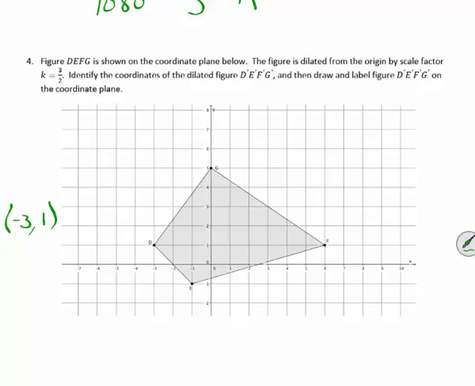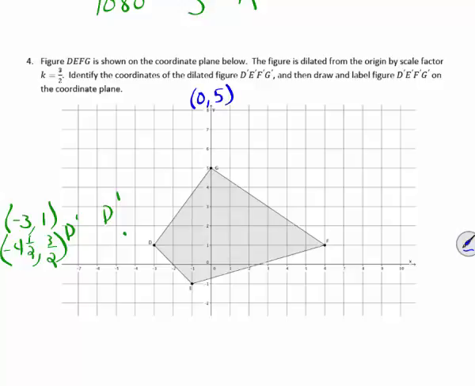So -3 times 3/2 is going to give me -4.5. And 1 times 3/2 is 3/2. So that's going to be D prime. So approximate where it goes. There's D prime. All right, for G, G is at 0, 5.